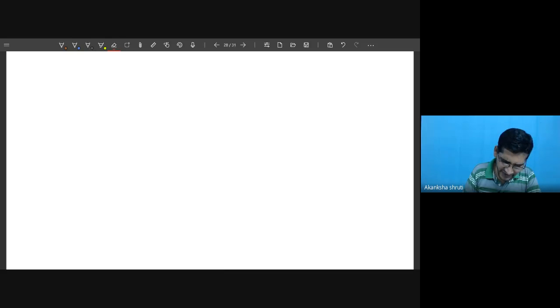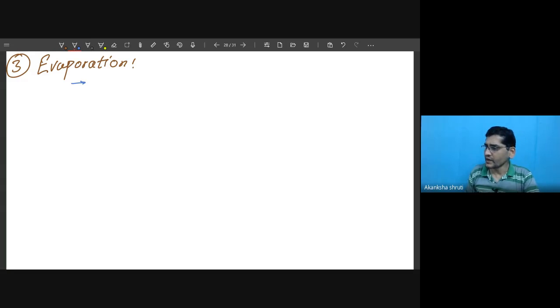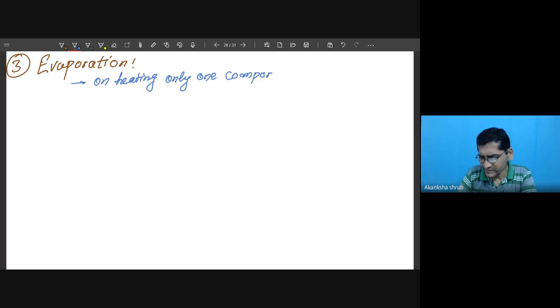So write down this third method, which is our evaporation. This evaporation is useful only when one of the components vaporizes while the other does not vaporize. So write, on heating, only one component vaporizes.